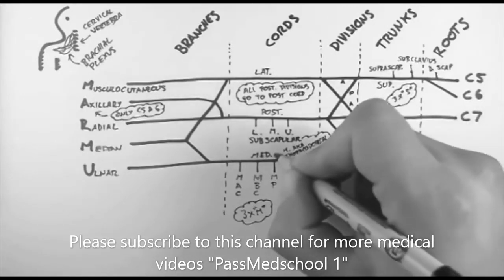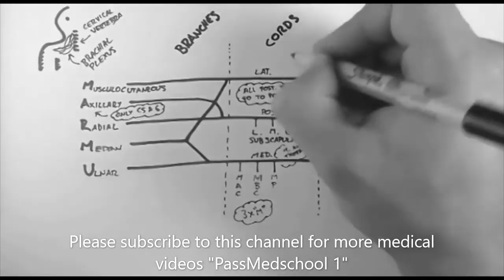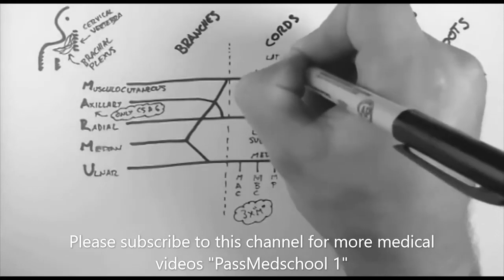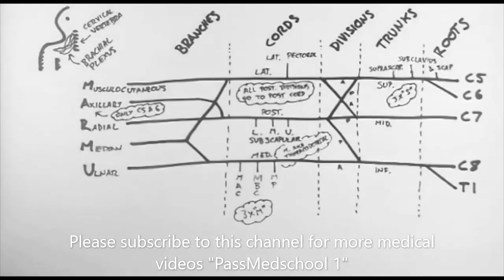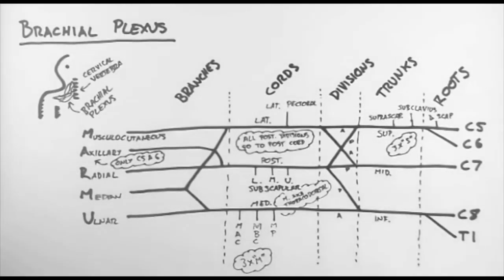Now there's one last nerve we need to consider, and that arises here from the lateral cord. And that nerve is a lateral pectoral nerve. And that's an overview of the brachial plexus and how to draw it.